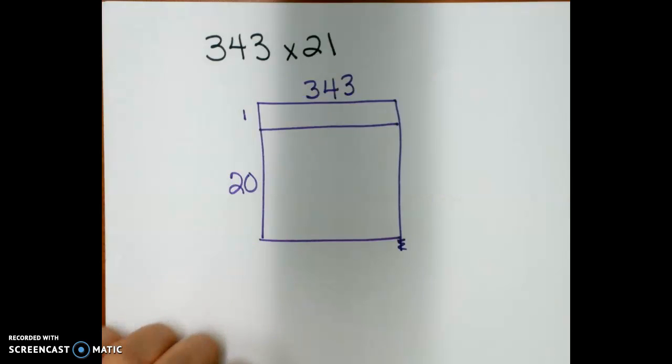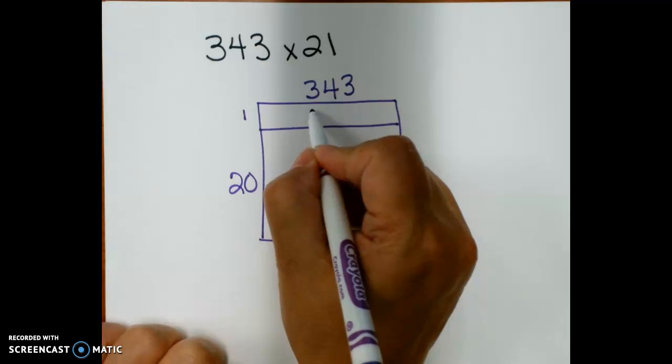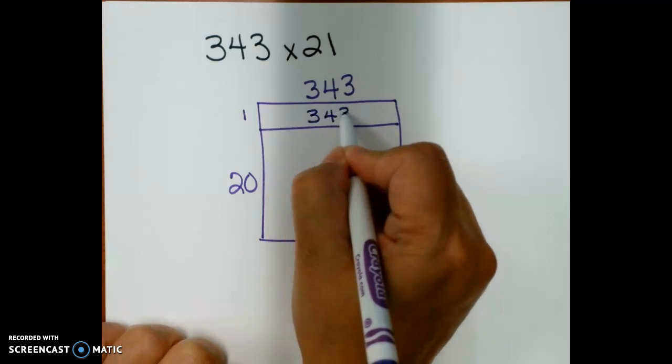So for our next problem, we're doing 343 times 21. I went ahead and drew the area model already, so go ahead and copy it down while I'm talking. Now, what would be the product of 343 and 1? Easy peasy lemon squeezy, 343.